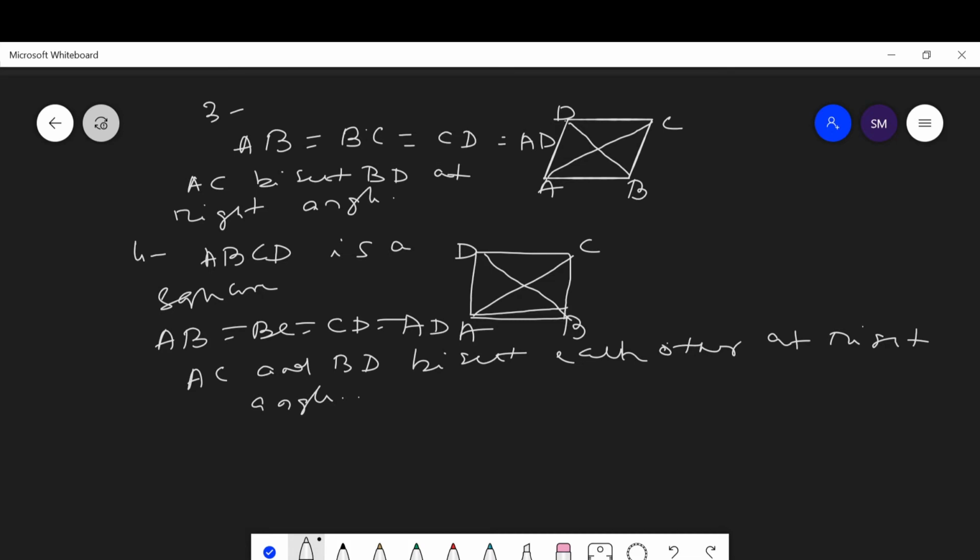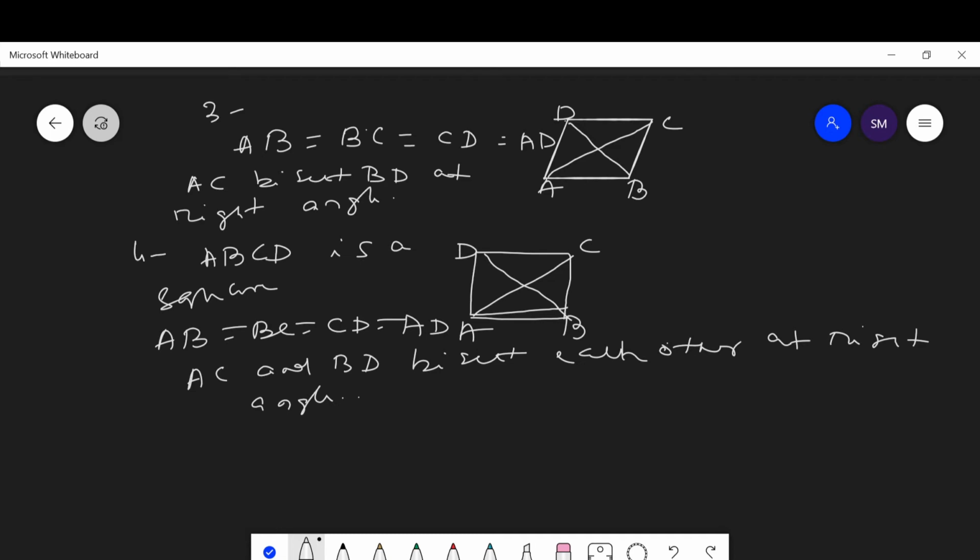The basic difference between a rhombus and a square is that in a square both diagonals are of the same measure, but in a rhombus both diagonals are not the same measure. In a square all angles are right angles, but in a rhombus opposite angles are of the same measure, but all the angles are not right angles.